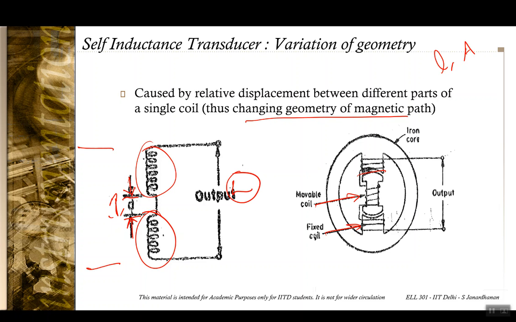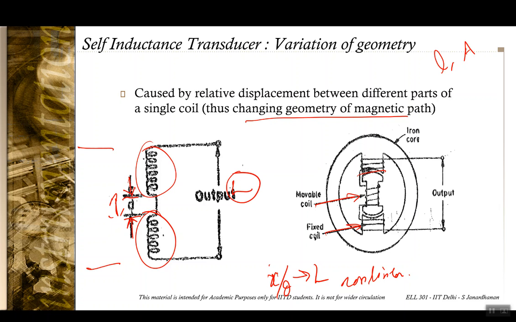However, it should be noted here that the relationship from the displacement X or the angular displacement theta to L is going to be non-linear. Okay, it's not going to be linear.